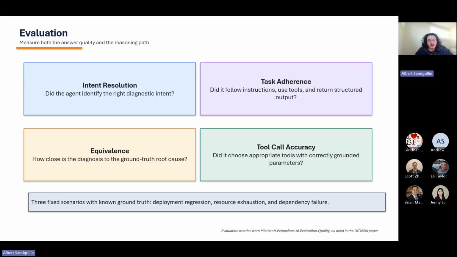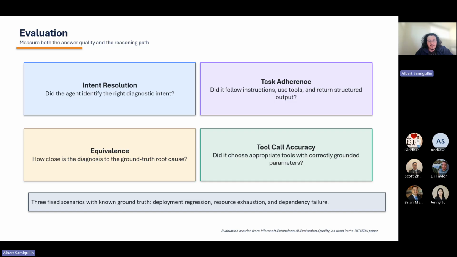And evaluation. So how do we compare these two agentic AI ops models? The evaluation compares the baseline and skilled agent across three incident scenarios. At least it is for now. It might be expanded, and likely it's going to be expanded if I stick to this topic. So for now, it is just deployment regression, resource exhaustion, and dependency failure.